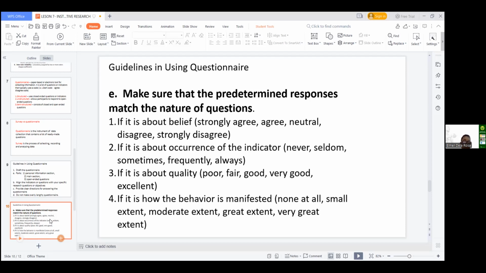O kaya ay, I brush my teeth. Hindi naman pwedeng strongly agree ang sasabihin niya doon, kasi occurrence yon. So, sabat ay pwedeng always, pwedeng sometimes. So, the kind of predetermined responses should match the nature of the questions. So, belief, occurrence, quality, and manifestation of behavior are different. So, you have to match the way they will respond to it para hindi awkward yung pagsagot. Okay?